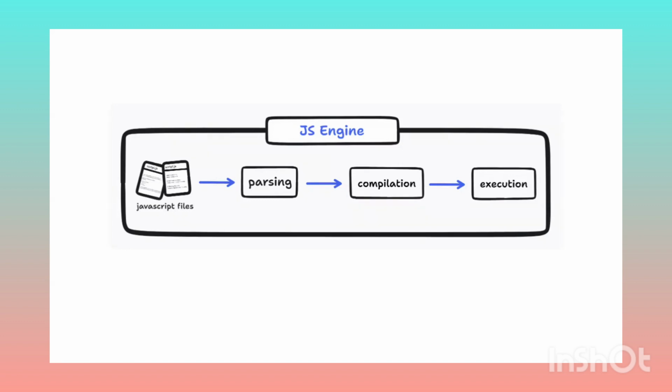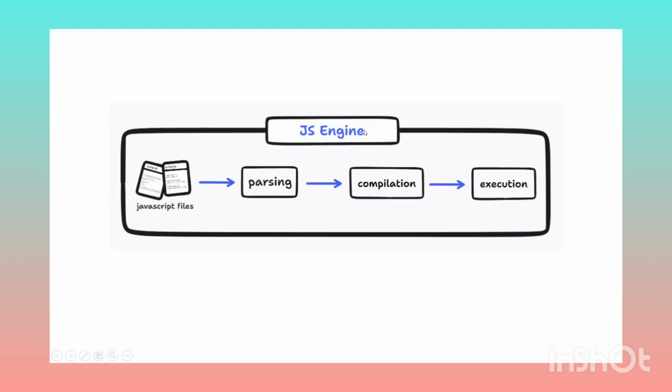We'll see what just-in-time compilation is also, because all the modern browsers support JavaScript just-in-time compilation. In just-in-time compilation, what is going to happen? We'll discuss that in this phase called the compilation phase. Once the compilation is done, it will go to the execution phase.